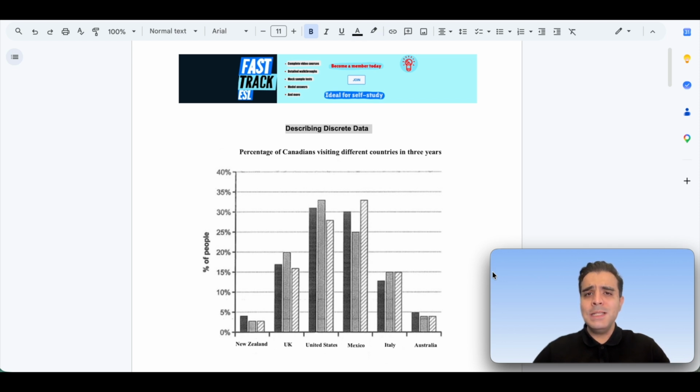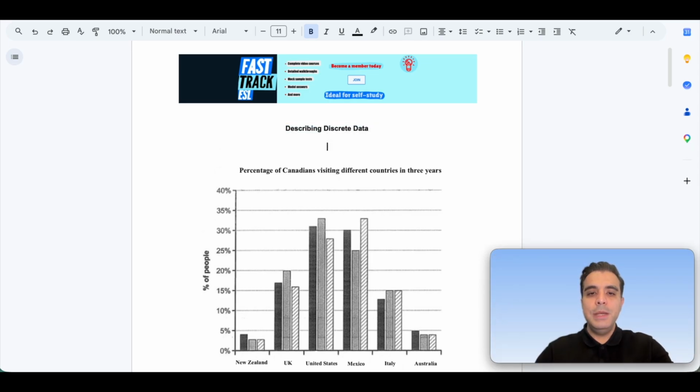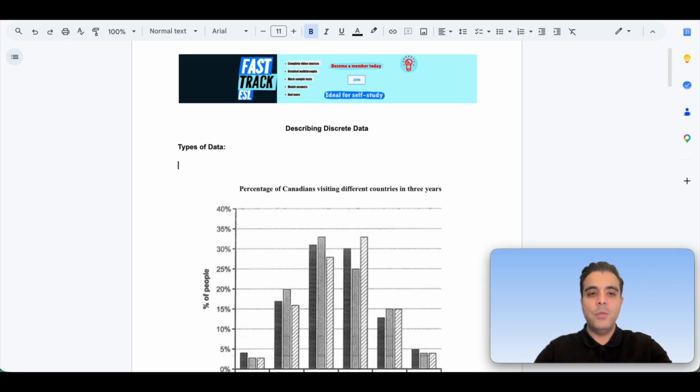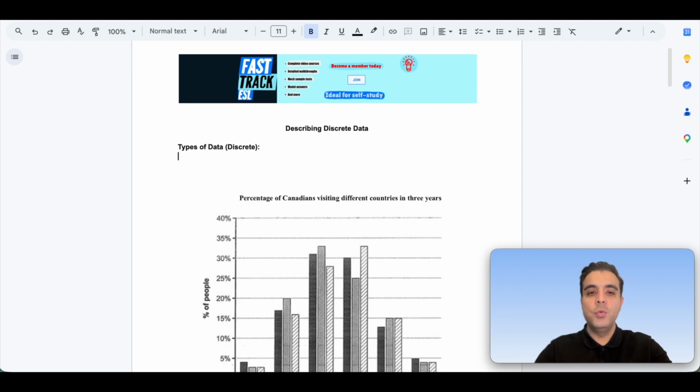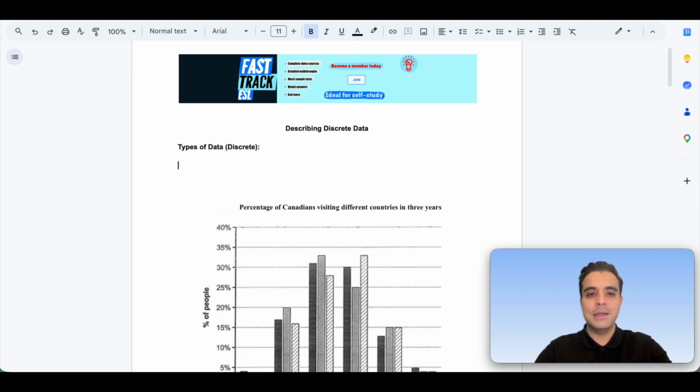So let's begin by breaking down discrete data into the specific features that we might want to single out and describe in our body paragraphs. So we can begin by looking at the types of data that we might want to describe, right? That is, within that discrete category, basically.